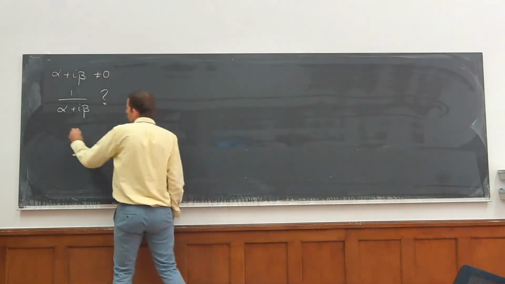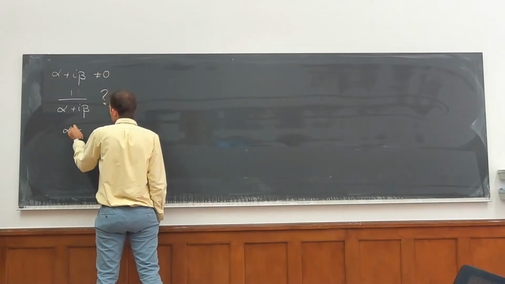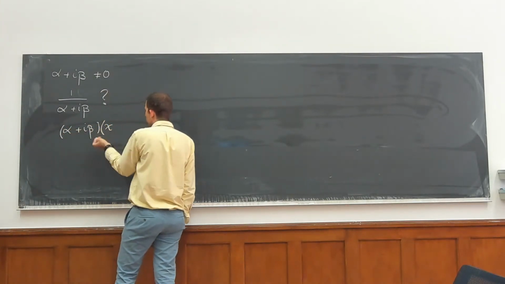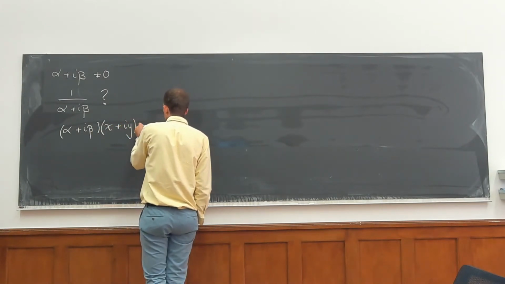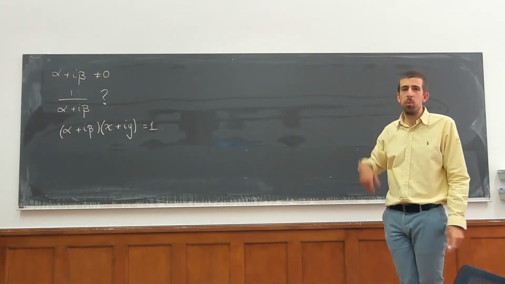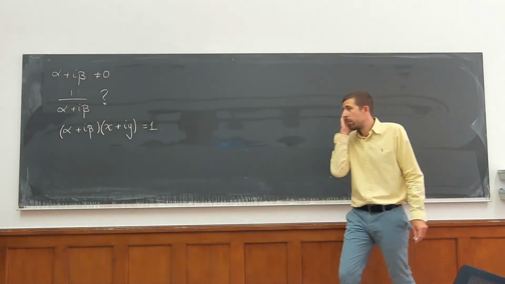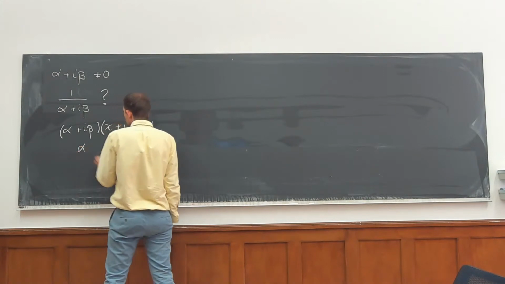Well, okay, we just write an equation. What we would like is for alpha plus i beta times a complex number x plus iy to be 1. And now we just have to try to understand whether we can solve for x and y. But this is relatively easy, because what does this mean?